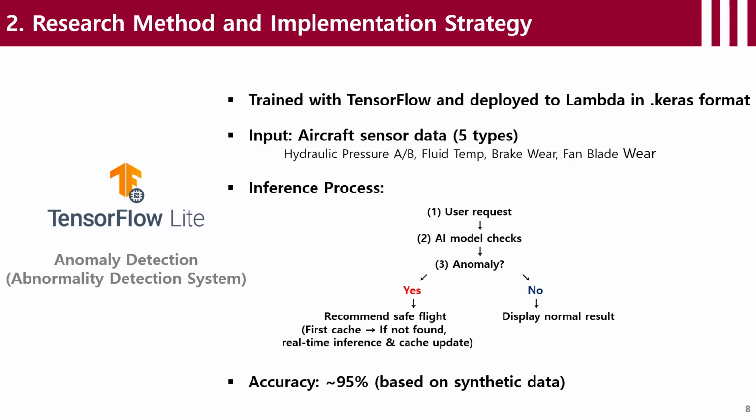Input is 5 types of sensor data, including hydraulic pressure, fluid temperature, brake wear, and fan blade wear. When a user checks the flight, Lambda runs inference in real time. If the flight is abnormal, we recommend a safe alternative flight from the same route.